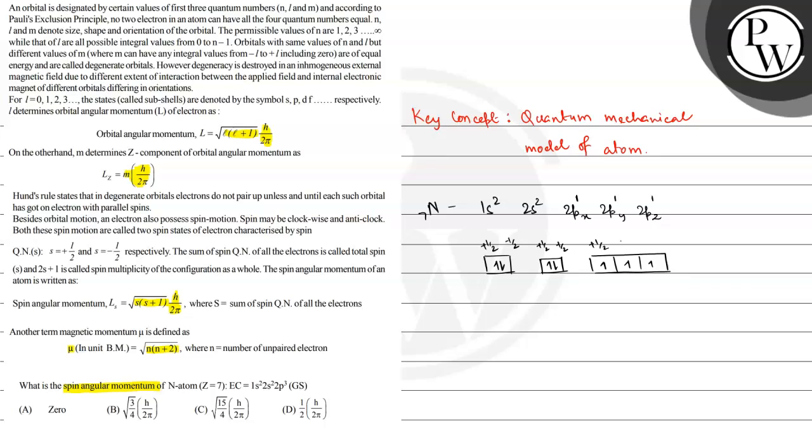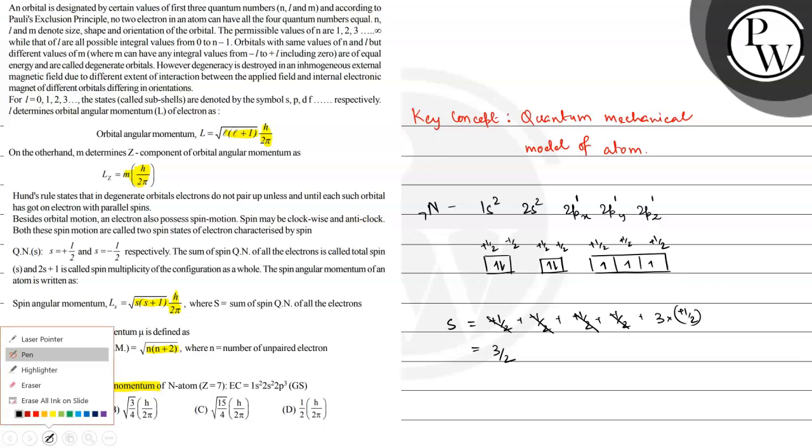So we have to determine the total spin quantum number, that is s. So what will be the value of s? Plus half plus minus half plus again plus half plus minus half plus 3 into plus half. Alright, so here plus half and minus half cancel each other, and we have 3 multiplied by 1 by 2, that is 3/2.